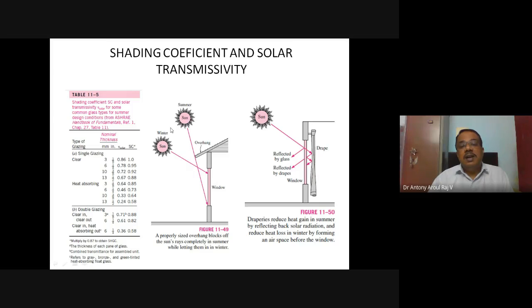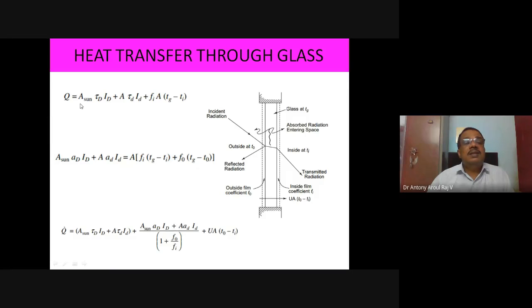But when the sun comes to this position, the direct rays from the sun will fall only on the lower half, the top half will not be available. So A sun is different from the window area, and we have to understand that.